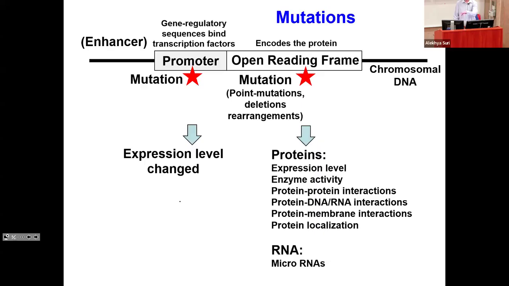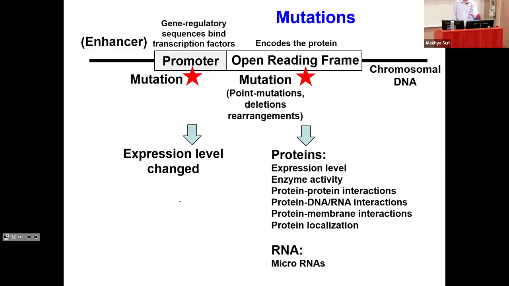Sometimes they can also be placed downstream, in mammalian genes. If a mutation is in the promoter area, there could be constitutively high expression, or extremely low expression, or, if it's developmentally regulated, it could be expressed at the wrong time. So that would be the effect of mutations in the promoter.